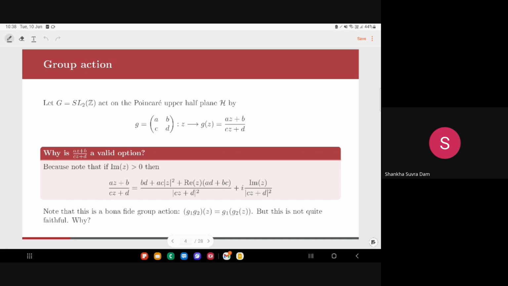Anyone in the audience, why is it not faithful? Hello? Like the group action is not faithful. What does it mean for a group action to be faithful?